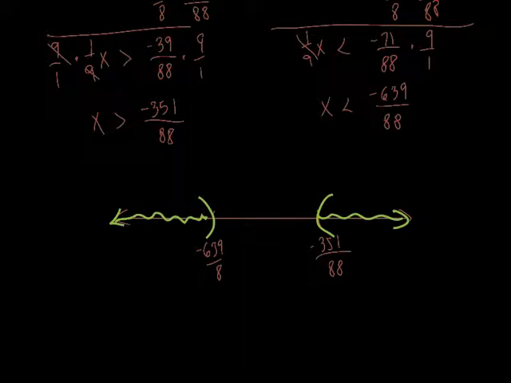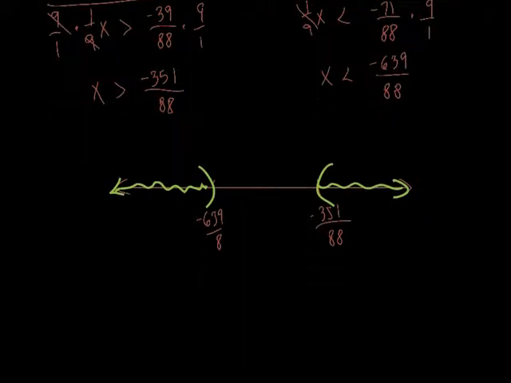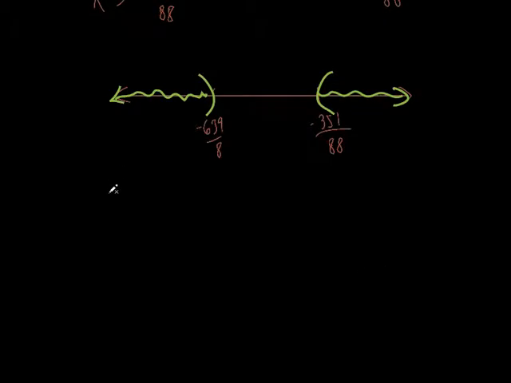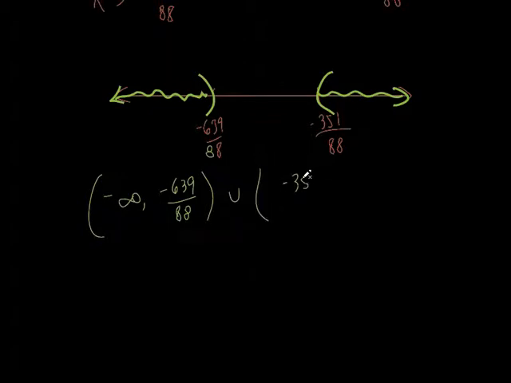All right? And now, we're ready to write it in interval notation. We go negative infinity to negative 639 over 88. It's open here and it's open here. Union with negative 351 over 88 all the way to infinity and beyond.